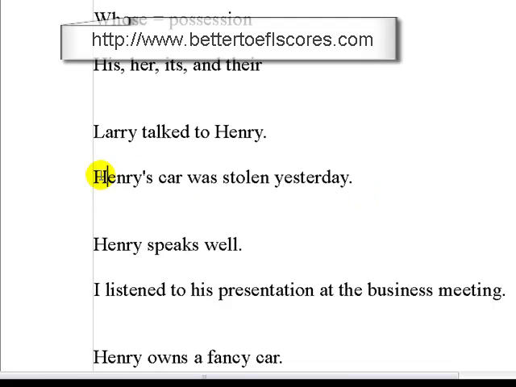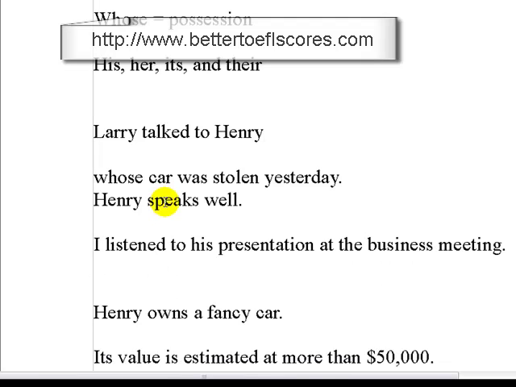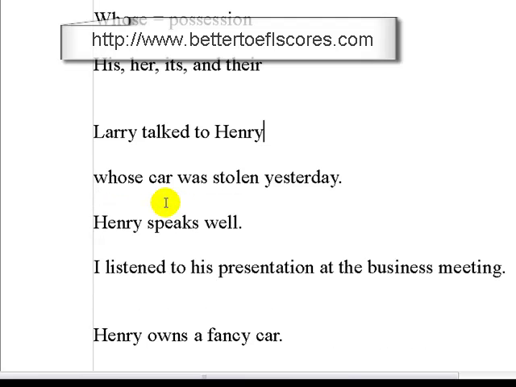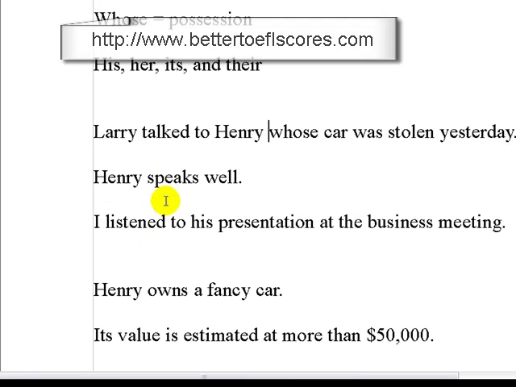So we're going to take Henry's and replace it with whose. Now it's pretty simple. The next step is to get rid of the period. And there we go. So we would now say: Larry talked to Henry, whose car was stolen yesterday.